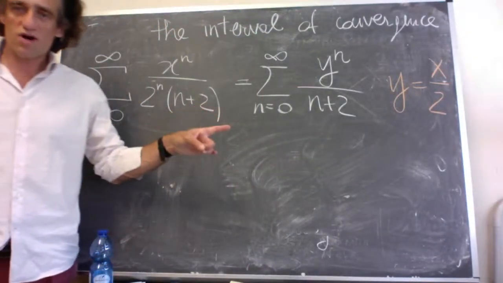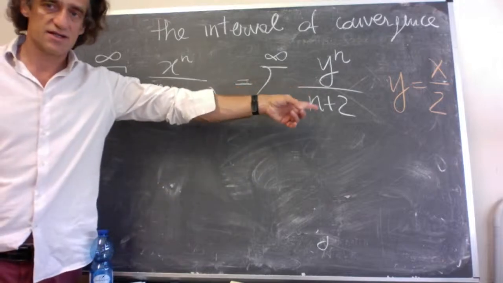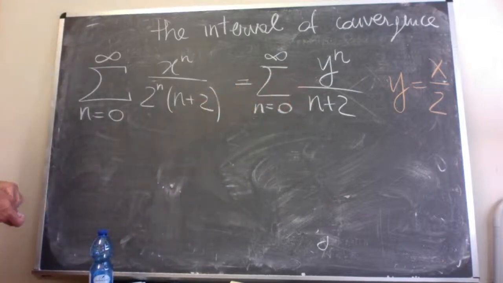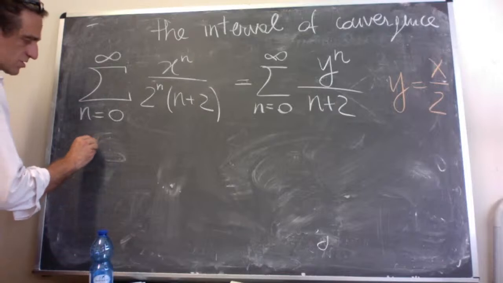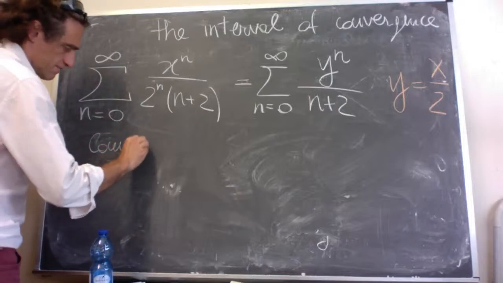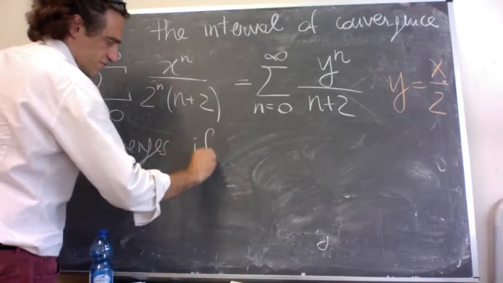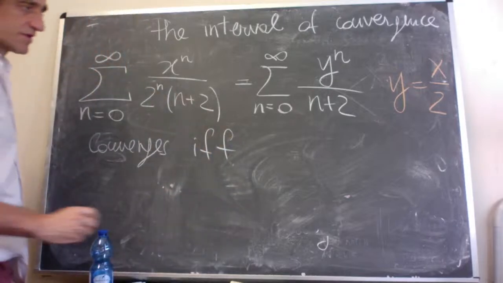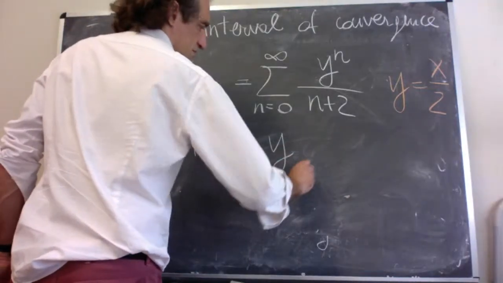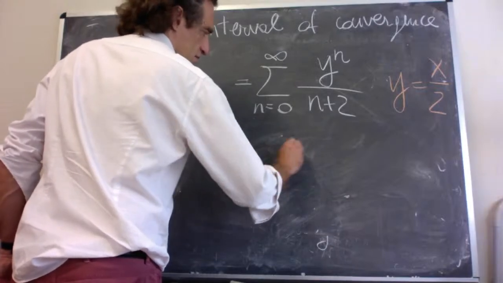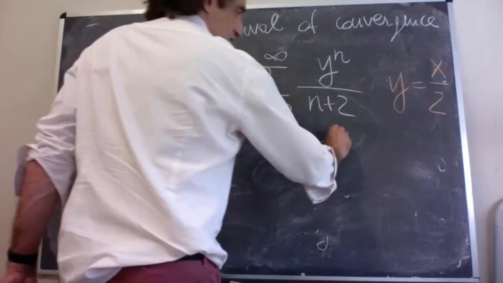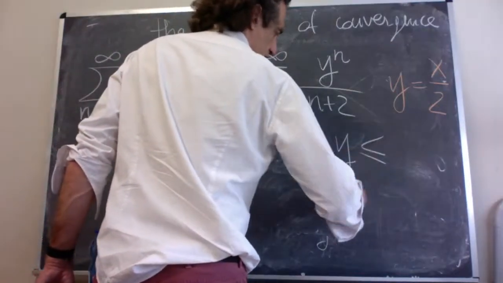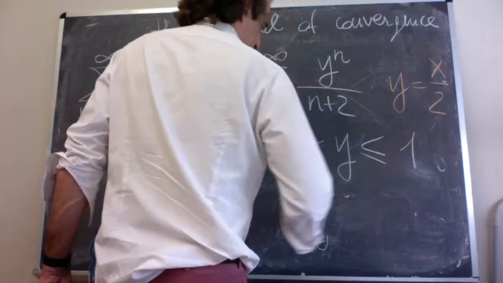Now, according to our study in the first exercise, the series in y converges if and only if minus 1 is less than or equal, by Leibniz, to y less than or equal to 1.